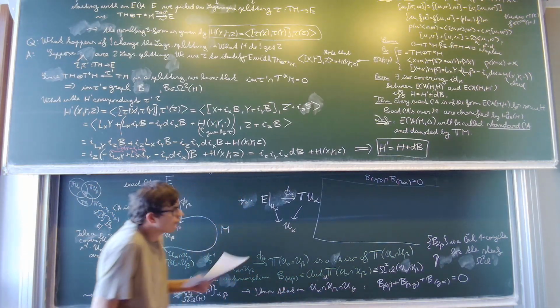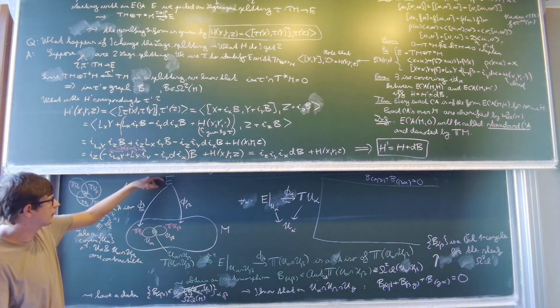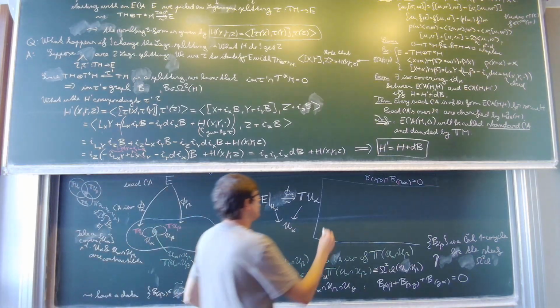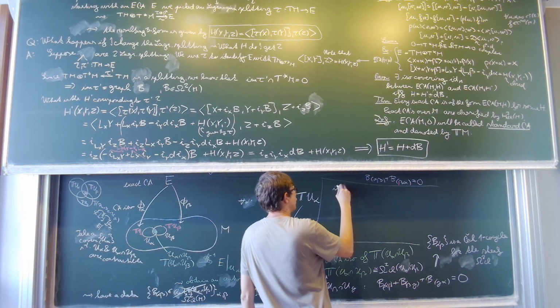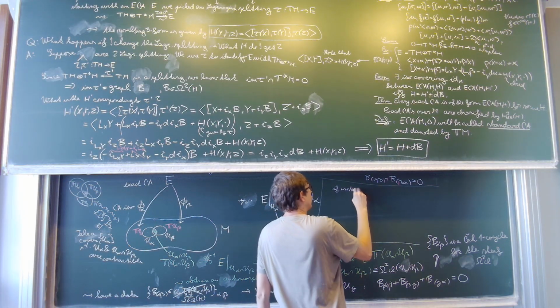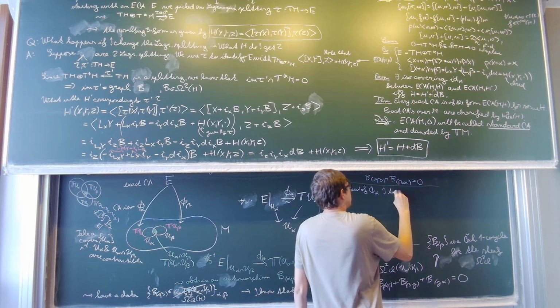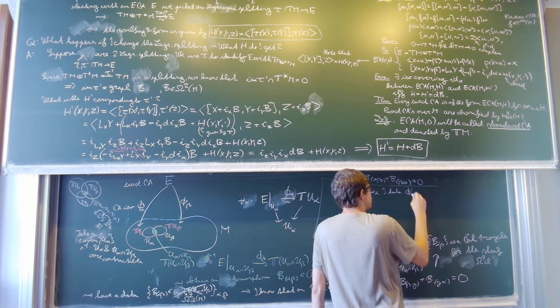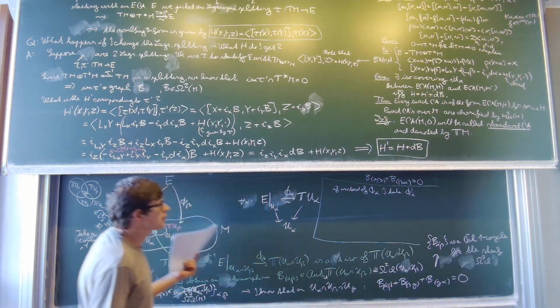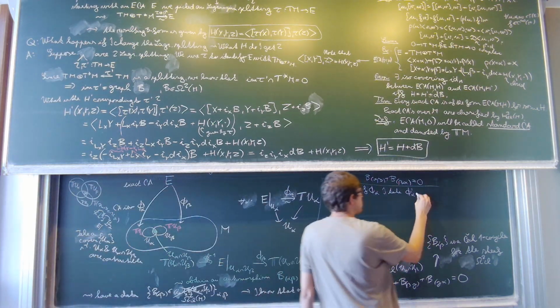If I take different phi's, then it means that I'm recomposing them with some automorphism on E. So instead of phi alpha, I take some other automorphism, and we know that all automorphisms have to be the same.